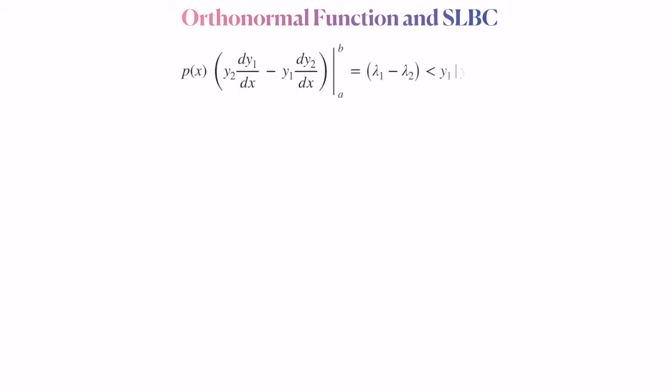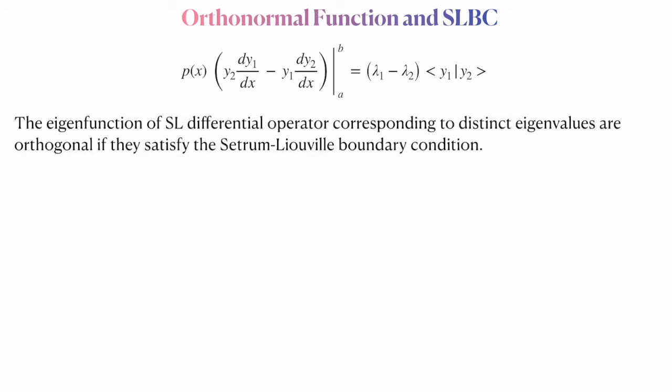Now we can talk about orthonormal functions. We have the dot product of our two eigenfunctions y1 and y2 in terms of a certain combination of the Wronskian and p of x on the boundary. The eigenfunctions of a Sturm-Liouville differential operator corresponding to distinct eigenvalues are orthogonal if they satisfy the Sturm-Liouville boundary condition.